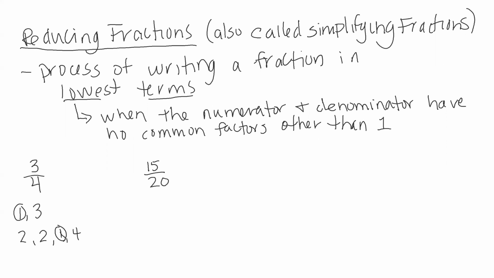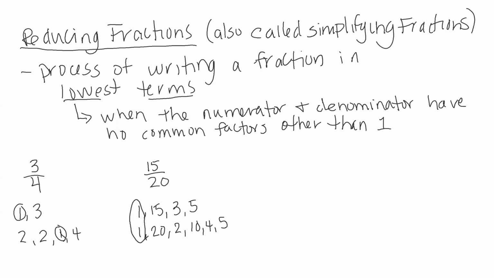Okay, so then let's consider the fraction 15/20. Now if we look at 15, we have factors of 1, 15, 3, and 5. If we look at 20, we have factors of 1, 20, 2, 10, 4, and 5. Okay, so when we look at these two lists, we notice that we have a 1 in common, but what else do you notice?